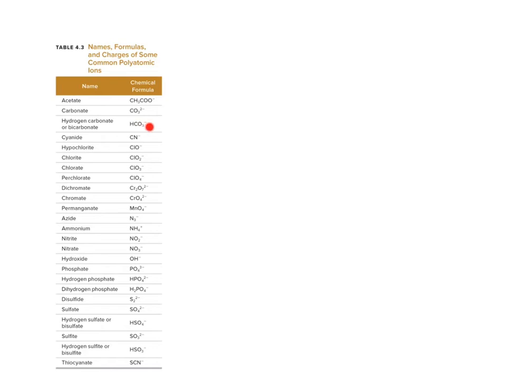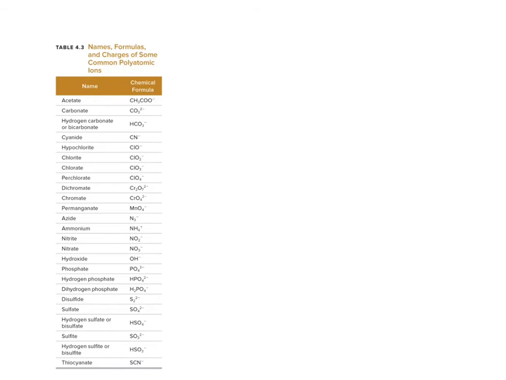Hydrogen carbonate, and so forth. These anions can also make ionic compounds with a metal. So again, to figure out the formula of a metal plus a polyatomic ion, which is always made up of all nonmetals, we look at the charge on the anion and we add the number of metal ions needed to neutralize that charge.